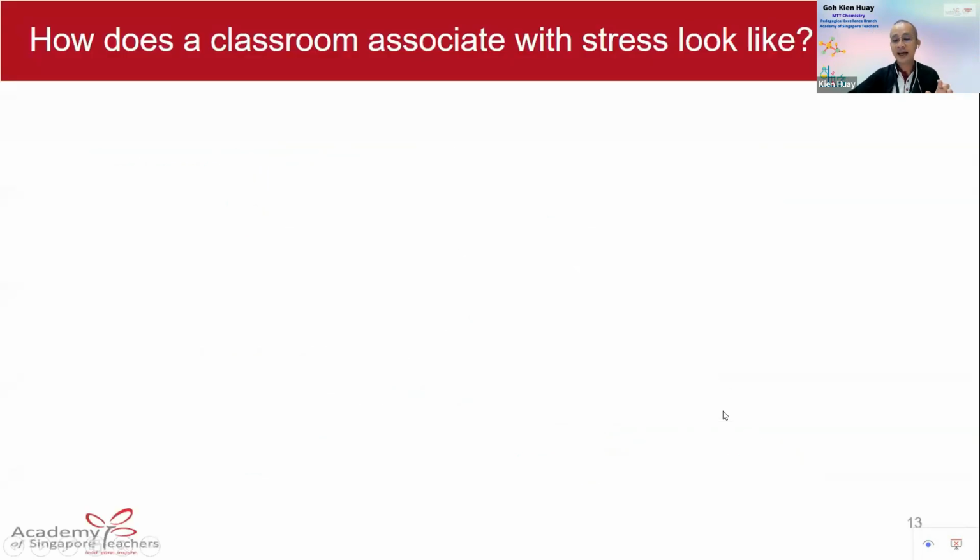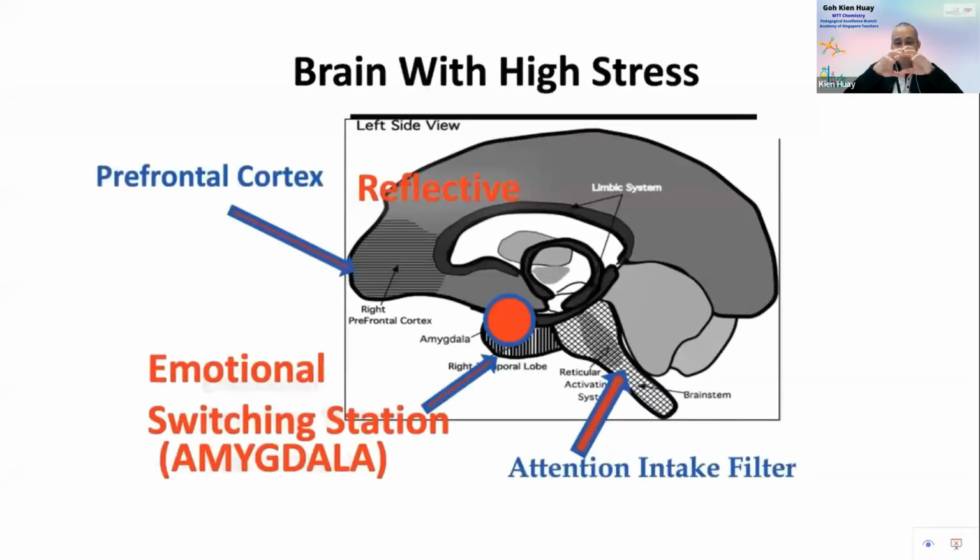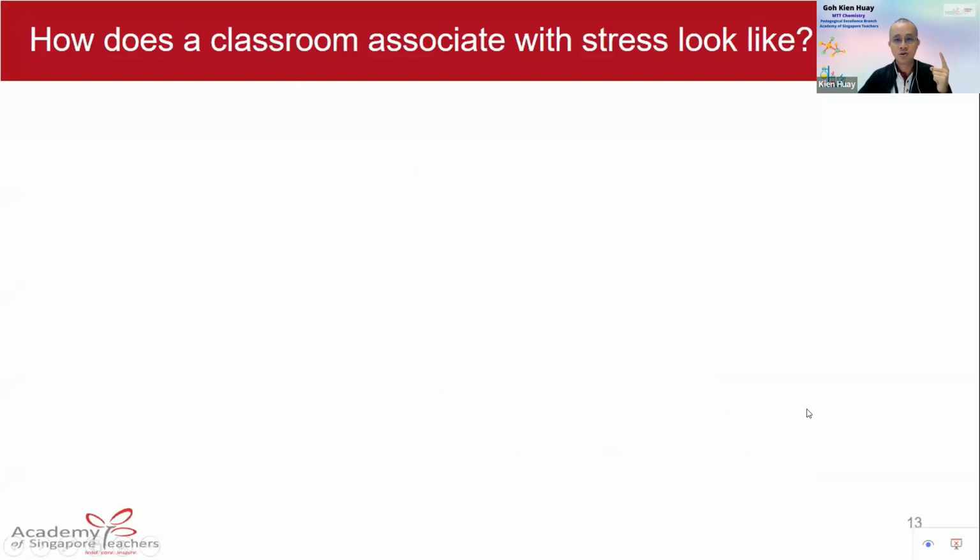When it gets deflected downward, the information doesn't get learned. So we ask ourselves, what will cause the amygdala to swell up? There's only one word: stress. Stress will cause the amygdala to swell up. Now, of course, you may be wondering, then what does a classroom associated with stress look like?